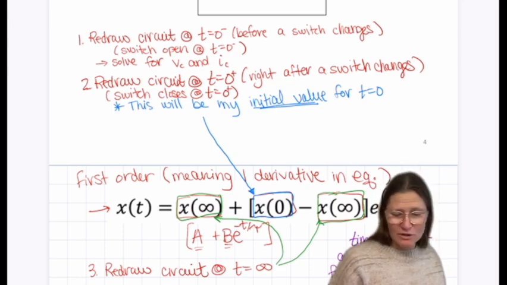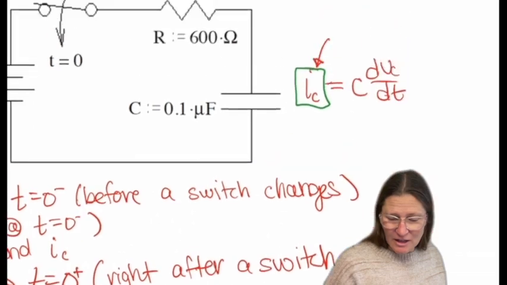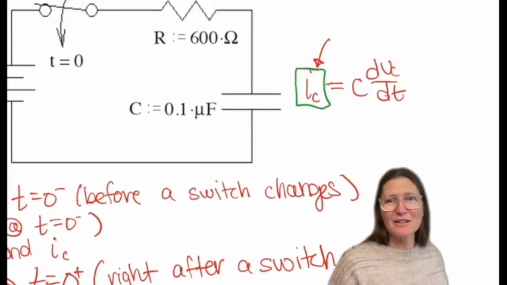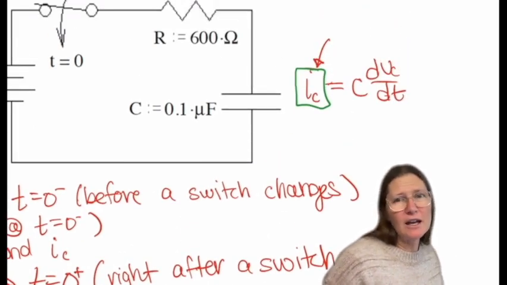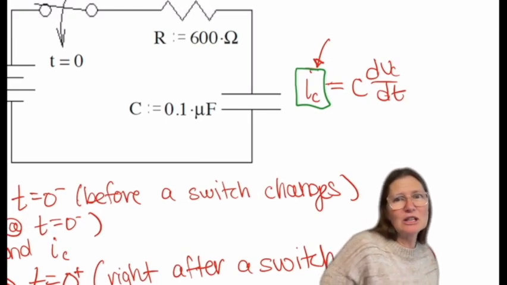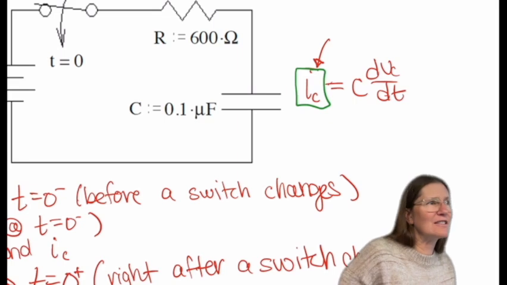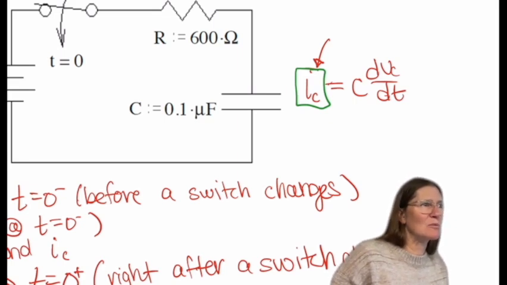So capacitor, if you memorize or have this handy, if I let something sit for a really long time, that means that dVc dt is not going to change anymore, right? So what happens to IC? IC will equal 0, which looks like what?